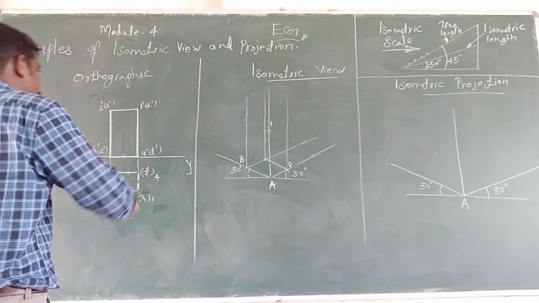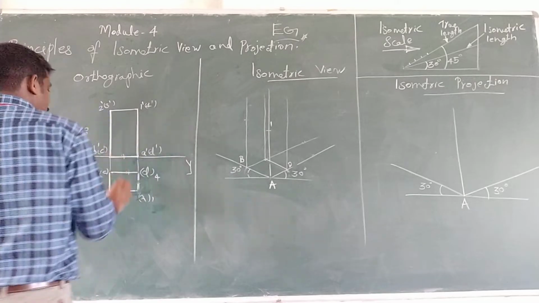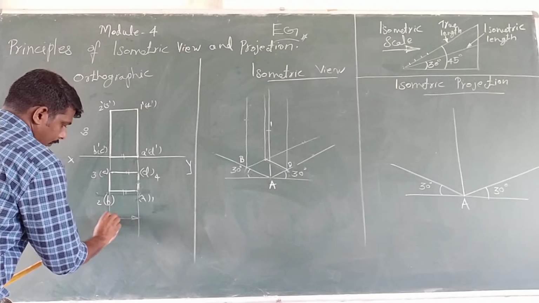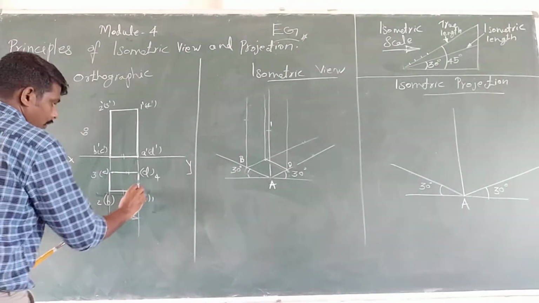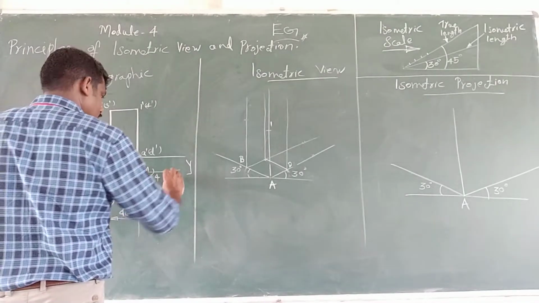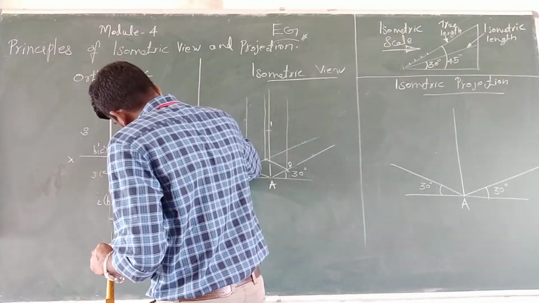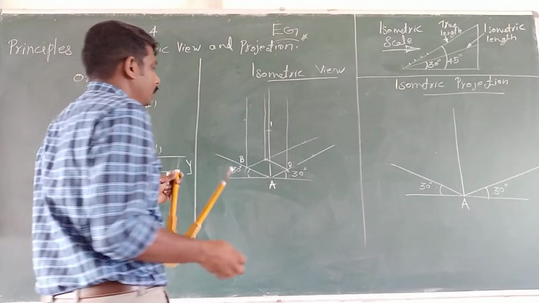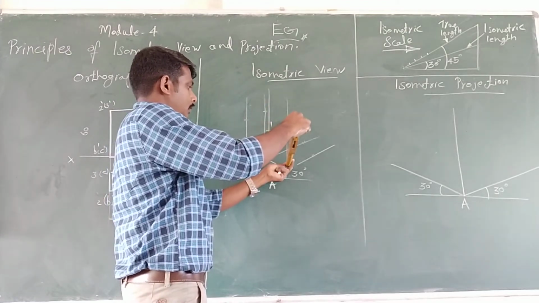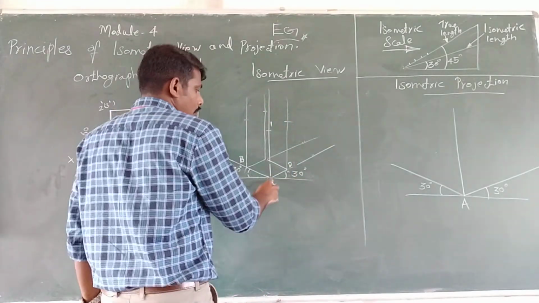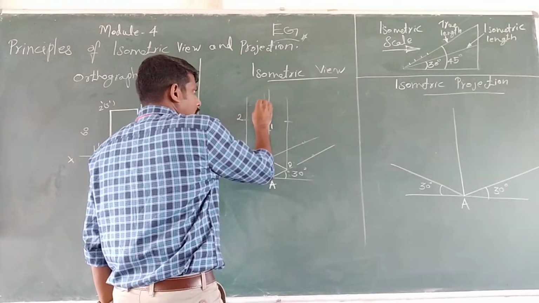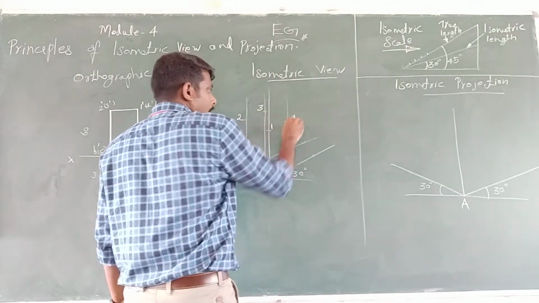Here I am taking the height as 60 mm, and suppose it is taken as 40 and we take as 30. So above A is 1, then 2, then 3 and 4.